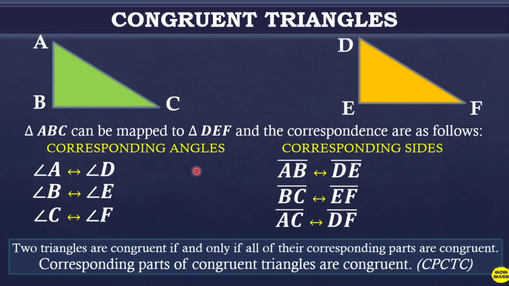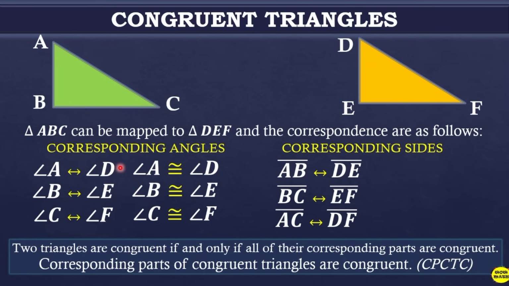So, tatandaan na we can only say that the two triangles are congruent if their corresponding parts are also congruent. Since nakuha natin yung mga corresponding parts nila, based sa ating CPCTC, sa ating definition, itong mga corresponding parts na to are congruent.